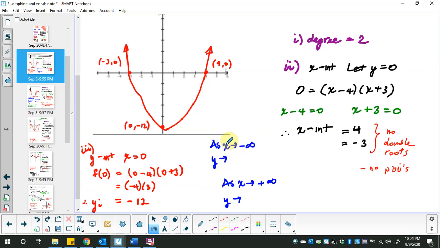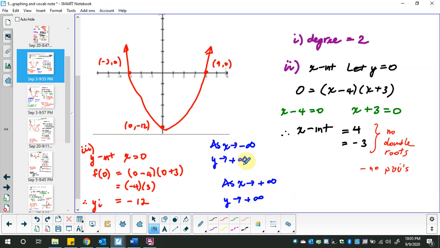As x gets to the left into the negatives, what happens to the picture? As we go left into the negatives, this is going up. Up is positive infinity. As this is going to the right, so positives on the x, this is still going up. It is possible to have the same direction for left and right. So that's one way to write it.